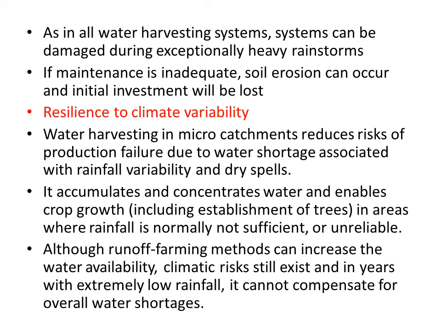Other disadvantages are, as in all water harvesting systems, systems can be damaged during exceptionally heavy rainstorms. If maintenance is inadequate, soil erosion can occur and the initial investment will be lost. Resilience to climate variability. Water harvesting in microcatchments reduces risk of production failure due to water shortage associated with rainfall variability and dry spells.